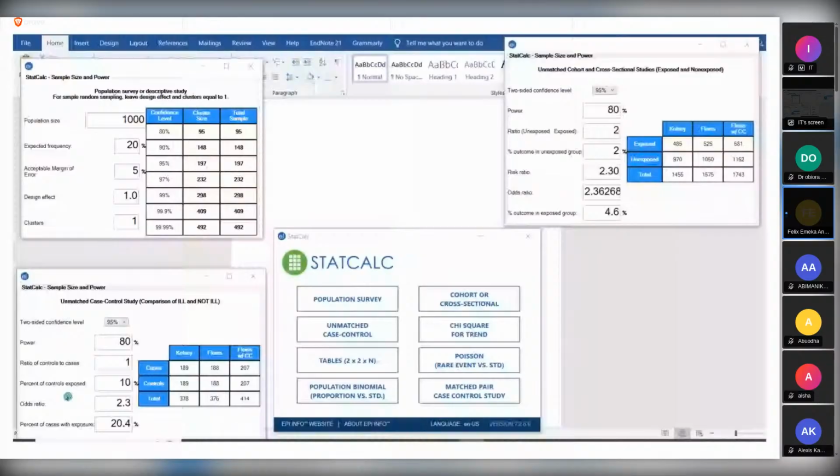When you go to StatCalc, you will see the different sample size calculation formulas. See up here, you will see population survey. When you click population survey, it will give you the format. So if you're doing a study that is a population survey, like a prevalence study, you can use this population survey to calculate the sample size.